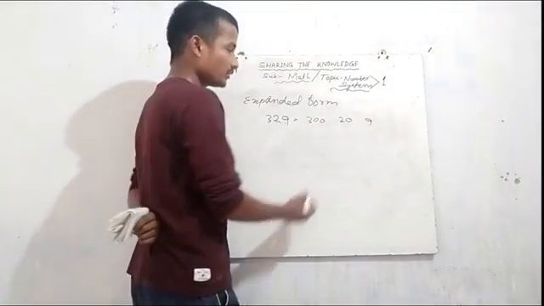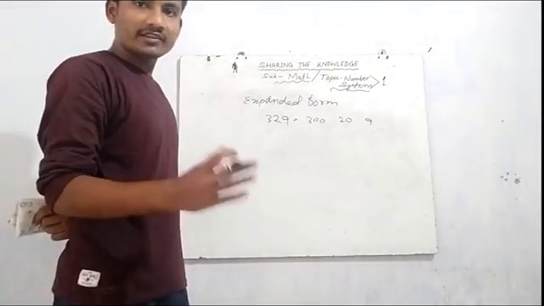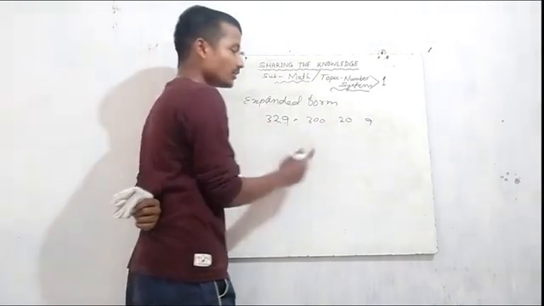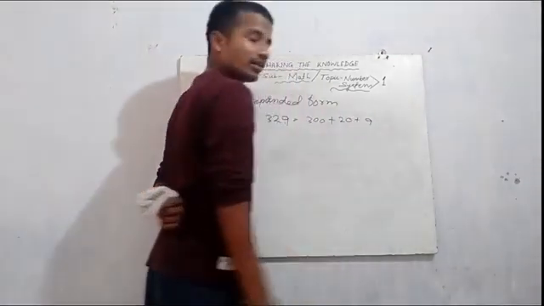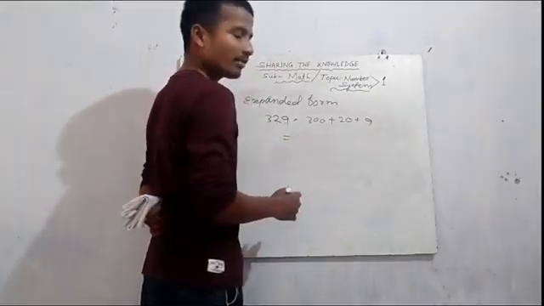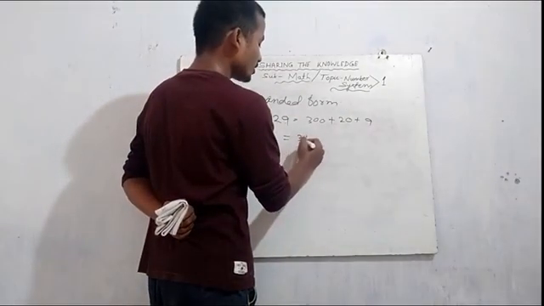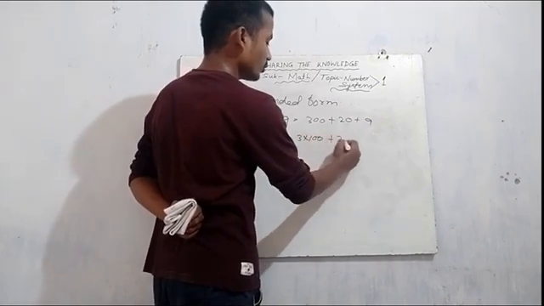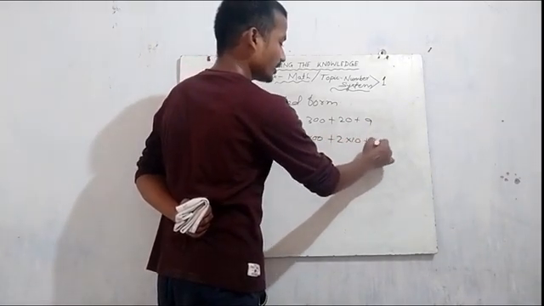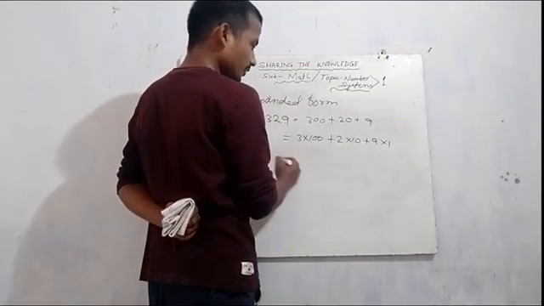So expanded form means these 3 numbers together form this number. You can write this in another form, that is also expanded form, but in another way: 3 into 100 plus 2 into 10 plus 9 into 1. Okay, is it?